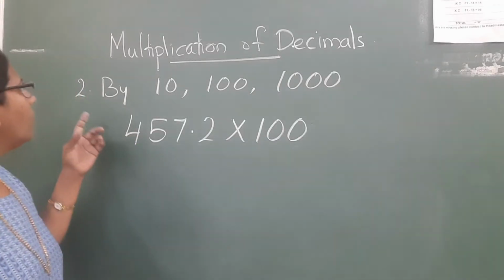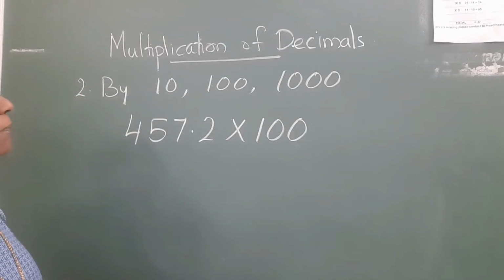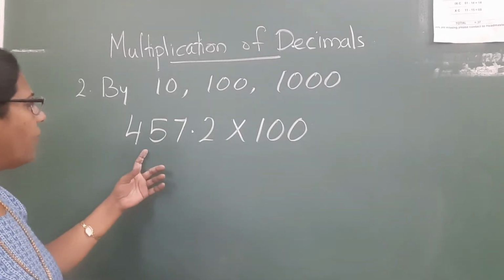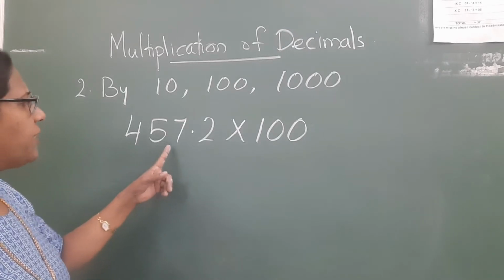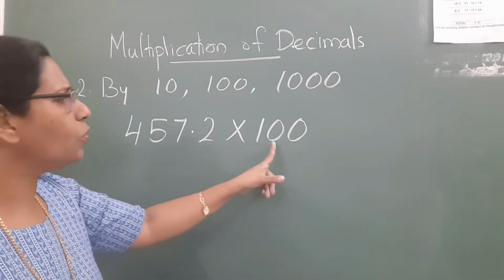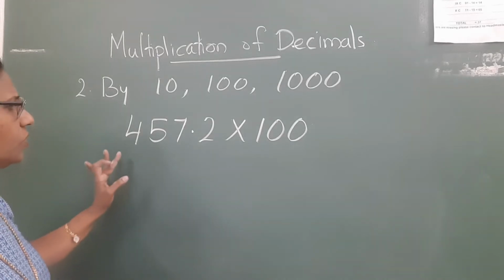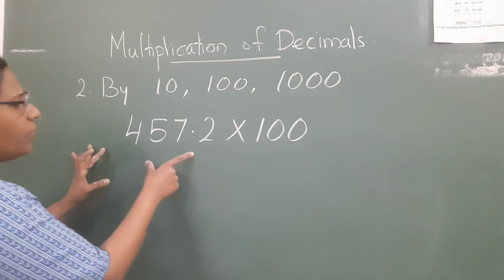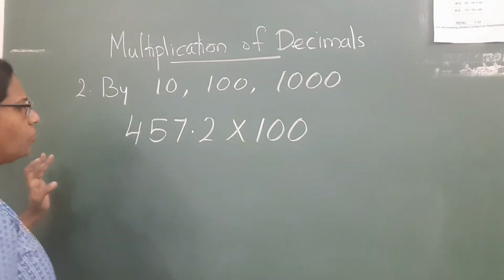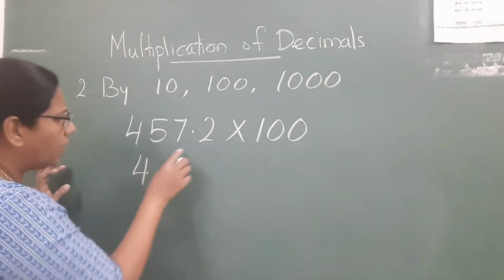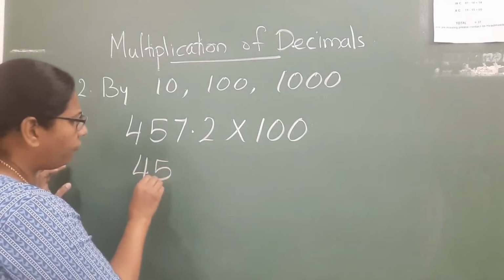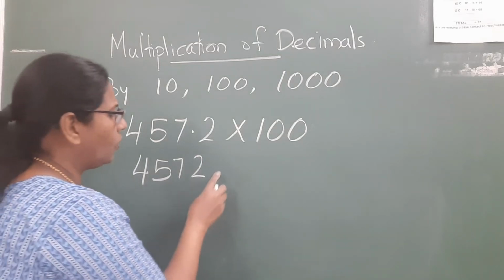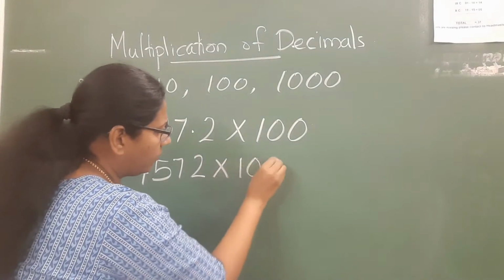Now we'll do multiplication of decimal by 100. Here the example I have taken is 457.2 into 100. Instead of doing multiplication, in short we can write the number ignoring the decimal, 4572, into 100.